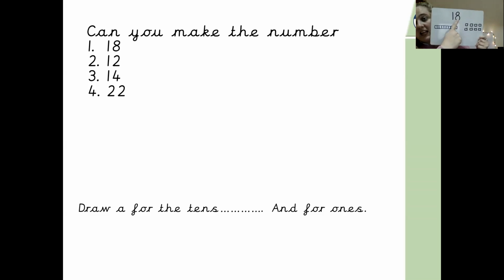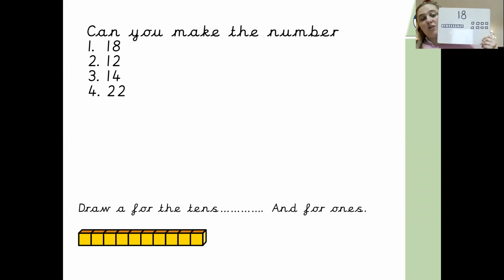I've written the number 18 and I've drawn 1 ten and 8 ones. So you should have 4 questions with different numbers that look like this. Okay, so for the tens, draw a 10 stick, and for the ones you draw individual squares.